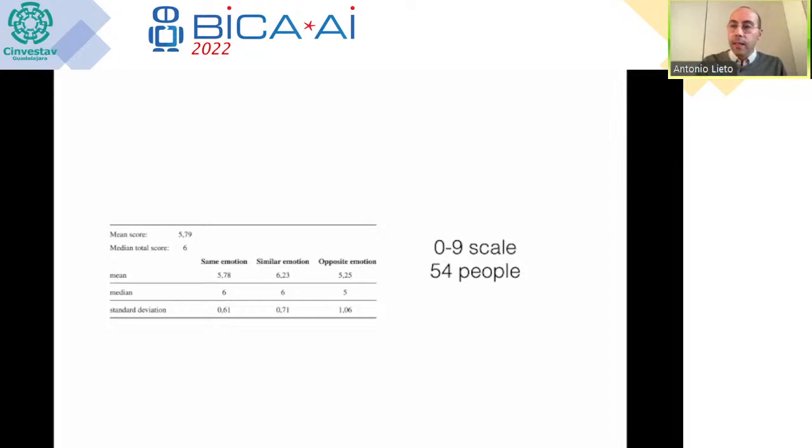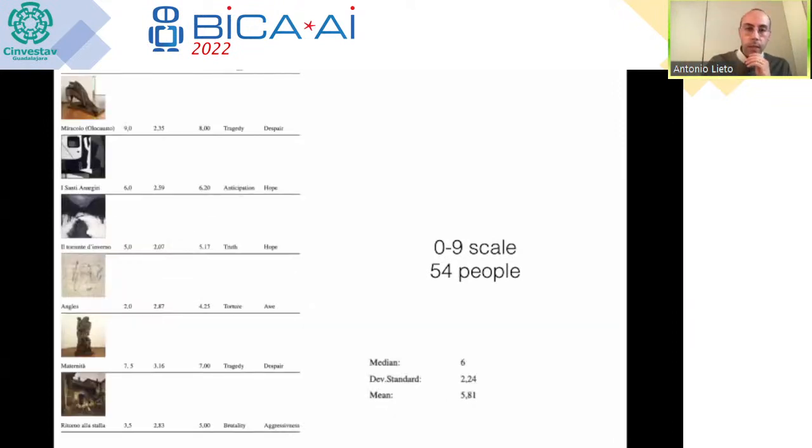The items that received better ratings were the ones recommended based on similar emotion, so emotions which are adjacent on the Plutchik wheel.